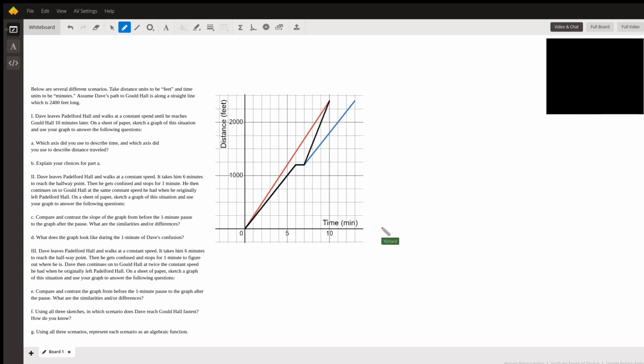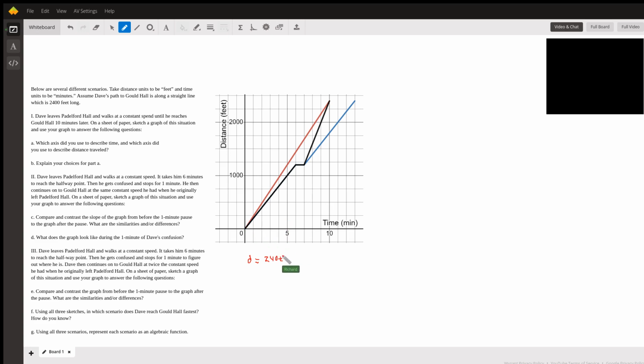So you can see the equation here. This would be distance equals 240t. The slope here is going to be 240. The y-intercept is 0, 0.